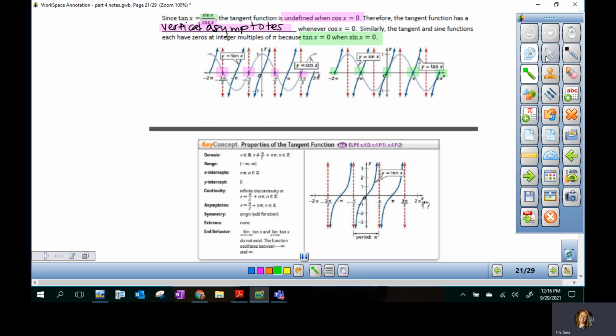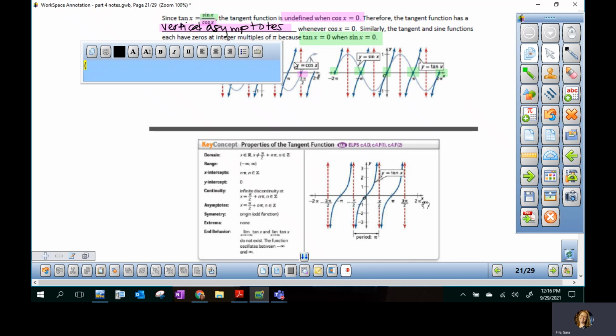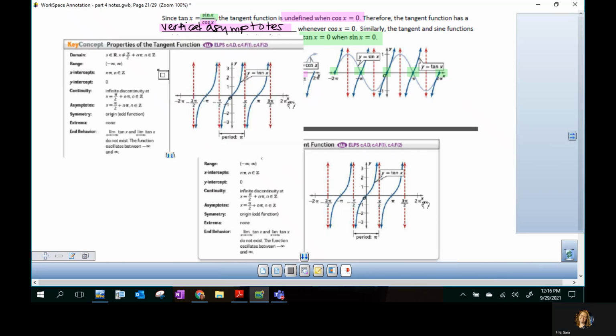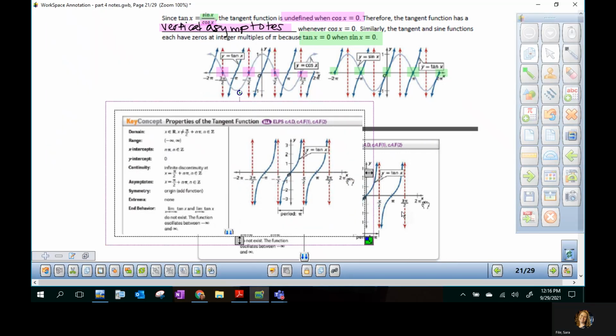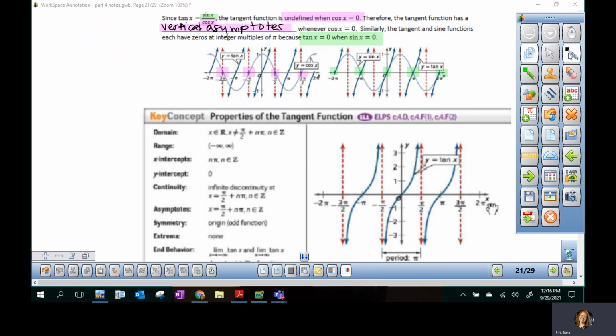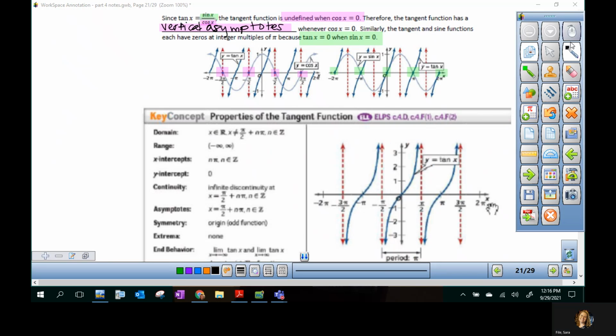All right, now I'm going to make this graph a little bit bigger. You can see on the tangent graph, the asymptotes are at all the values where cosine would be 0.